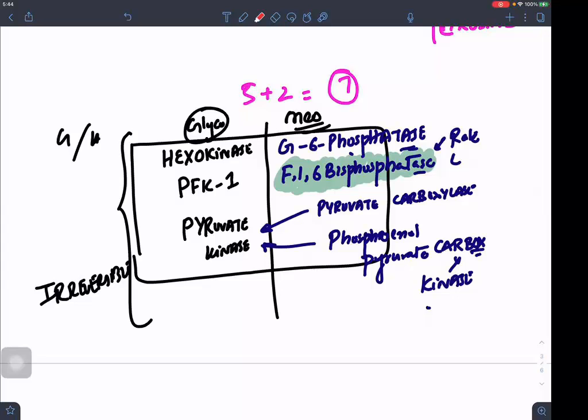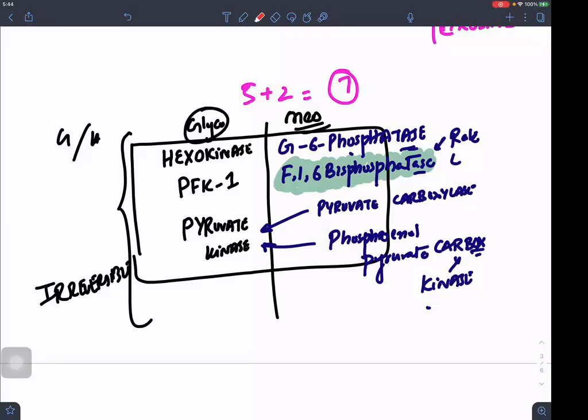You are not metabolizing glucose, you are doing an anabolic reaction, making something. You are not doing catabolism. So glucose is being produced. We had these four enzymes: glucose 6-phosphatase, fructose 1,6-bisphosphatase, pyruvate carboxylase, and phosphoenol pyruvate carboxykinase.